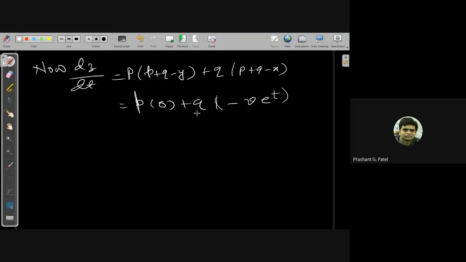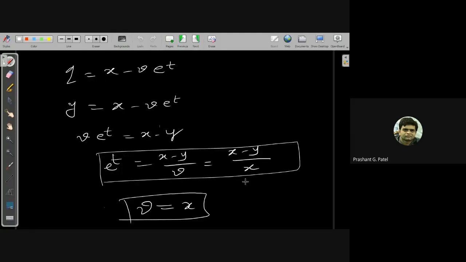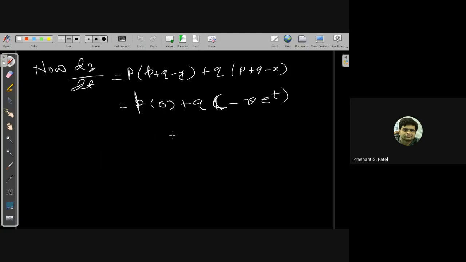And the value of q we already have. This x minus v e power t. So that is q into, q is this, x minus v into e power t, into minus v e power t.